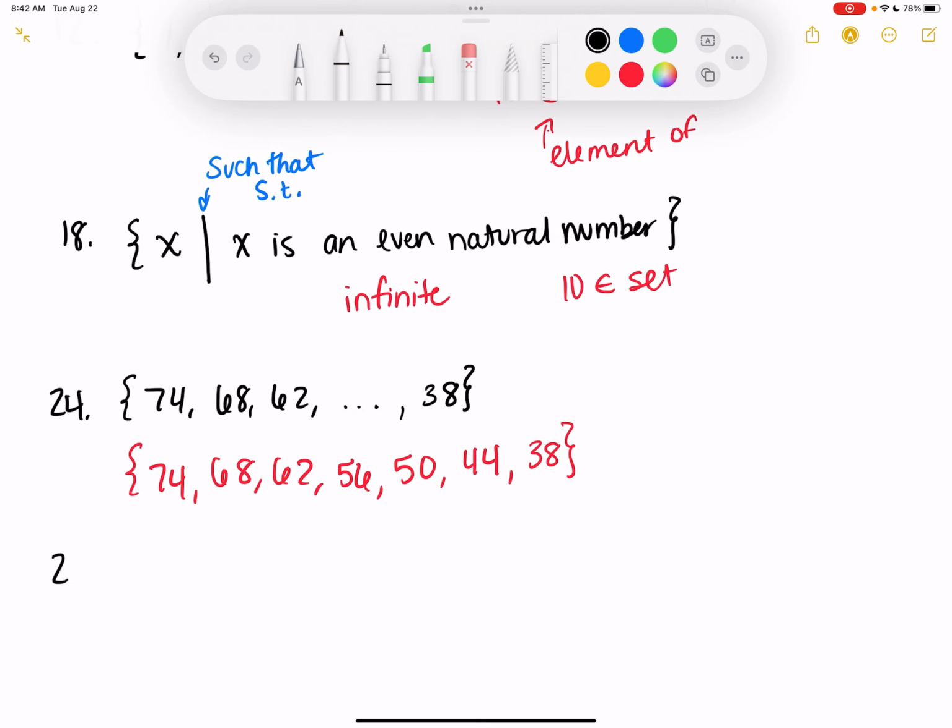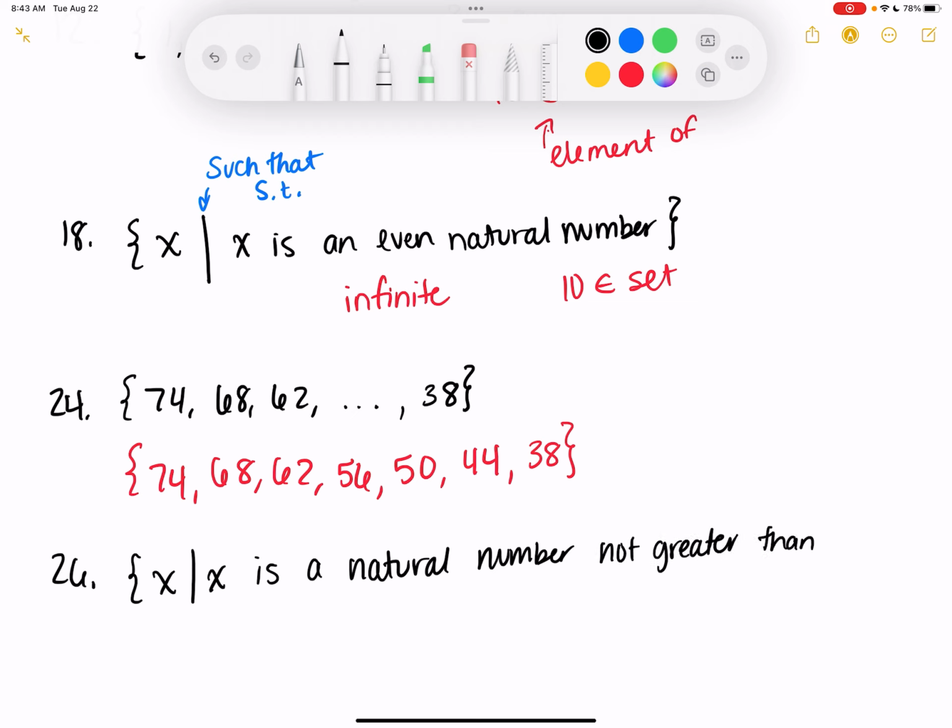All right, so 26, again, written a little differently. It's x such that x is a natural number not greater than 4. So what would that entail?